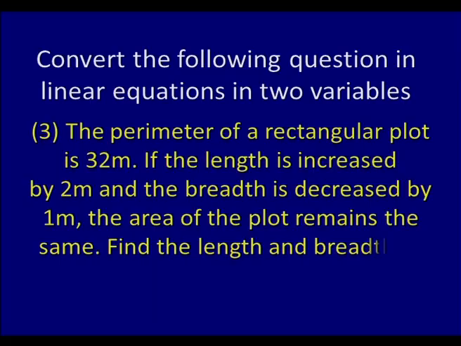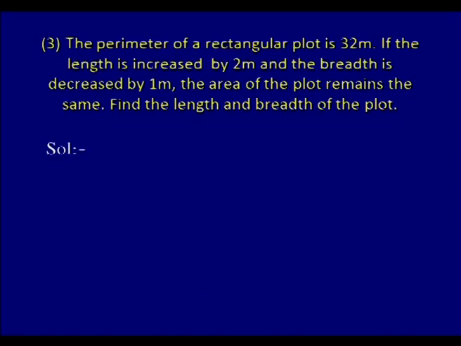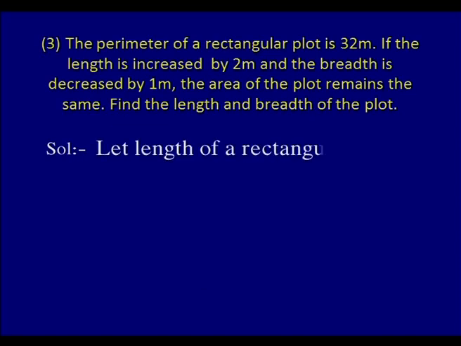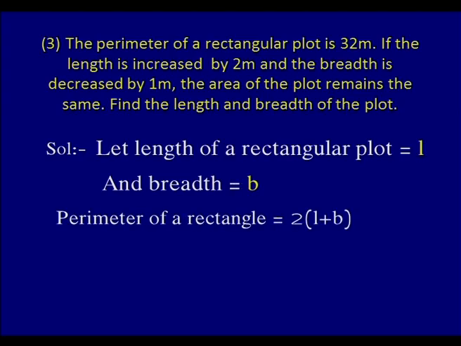Find the length and breadth of the plot. Solution: let the length of the rectangular plot be L and the breadth be B. The perimeter of a rectangle is 2 into (L plus B), and it is given in the question to be equal to 32.